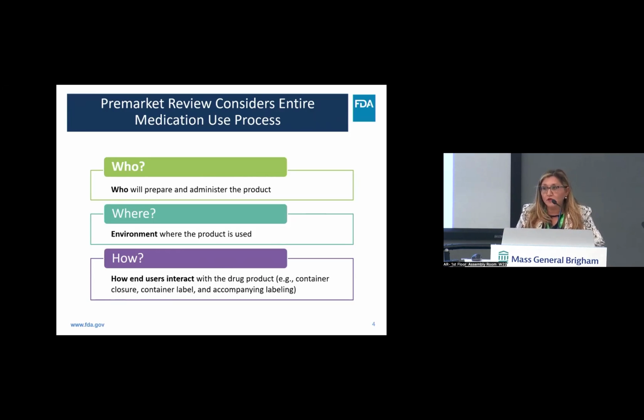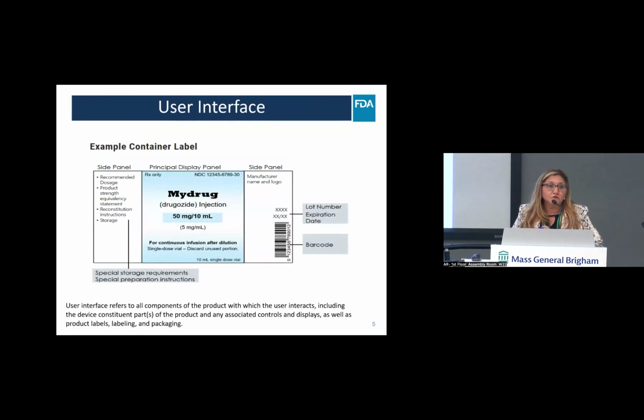We primarily review product labeling. We ensure that all the product-relevant critical information is presented on the user interface. And by user interface, we are referring to all the components that the user will interact with.